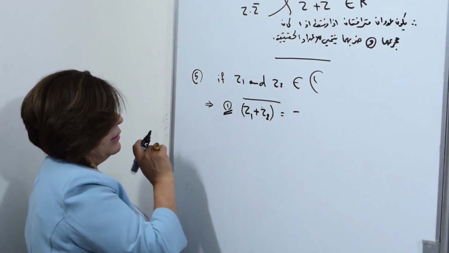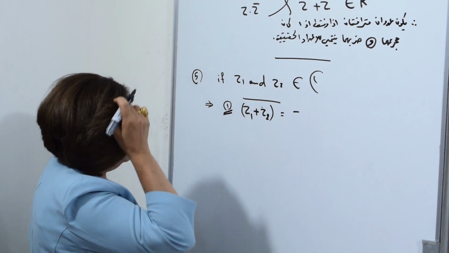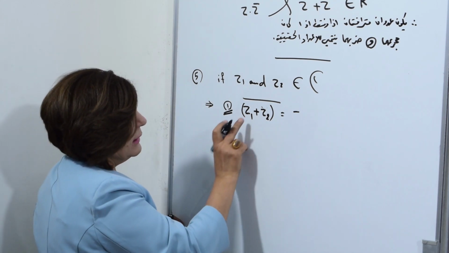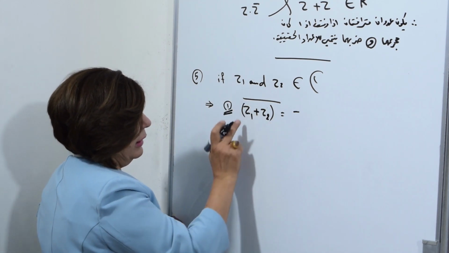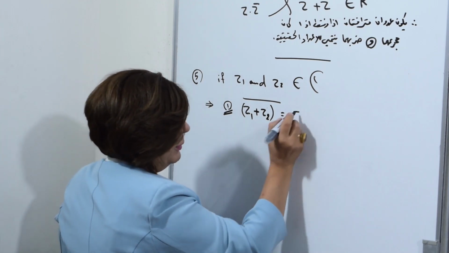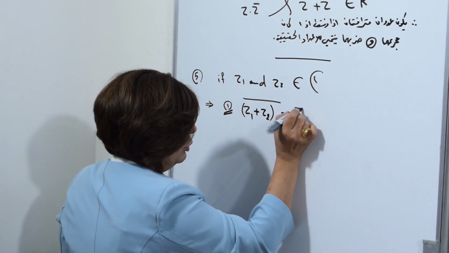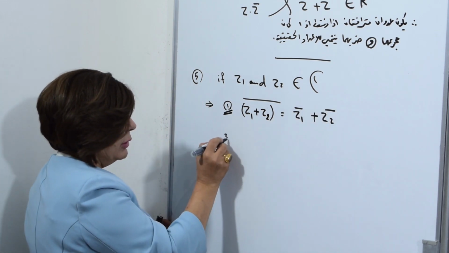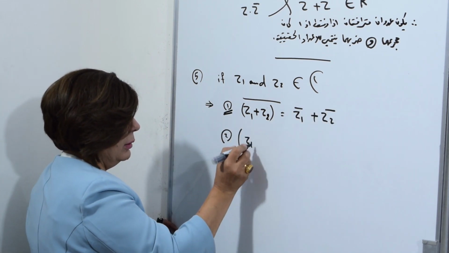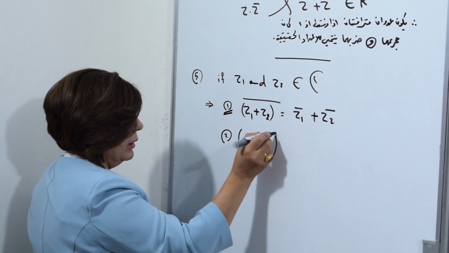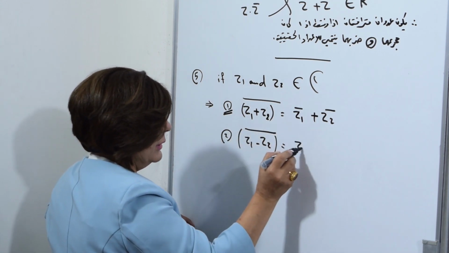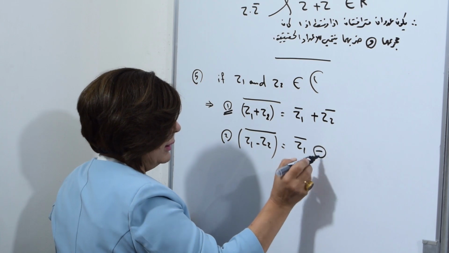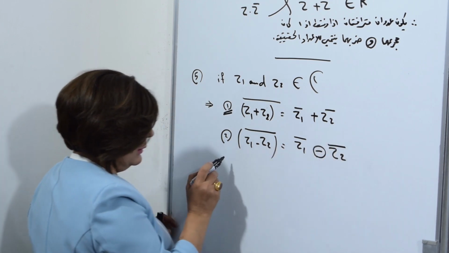5. If Z1 and Z2 belong to the complex numbers, then the conjugate of Z1 plus Z2 gives Z1 conjugate plus Z2 conjugate. Number 2, the conjugate of Z1 minus Z2 gives Z1 conjugate minus Z2 conjugate.